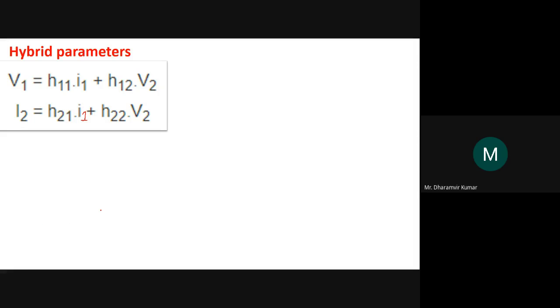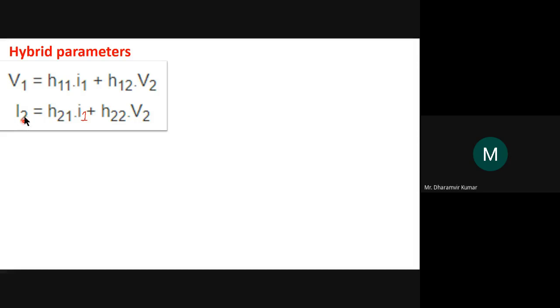Here v1 and I1 are the input voltage and current, and v2 and I2 are the output voltage and current. So v1 is the input voltage, I1 is the input current, v2 is the output voltage, and I2 is the output current.